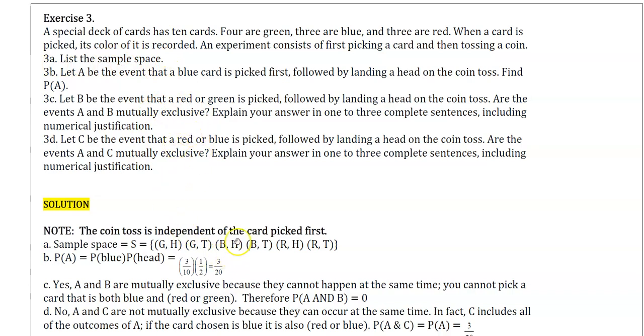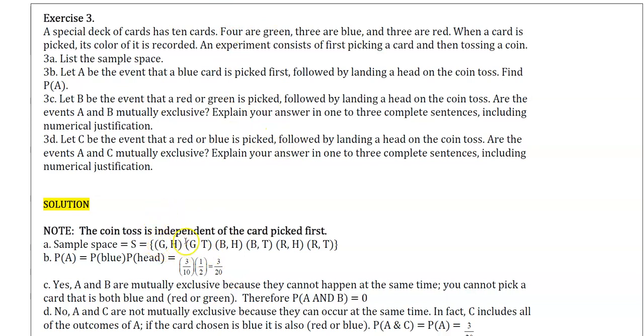And if we do that, we can write the sample space depicting the joint events of drawing a card from the deck and then tossing a coin, a fair coin. We can depict the sample space S as having these 6 outcomes. Why 6? Well, because we have 3 colors in our deck and we have 2 outcomes from the coin toss.